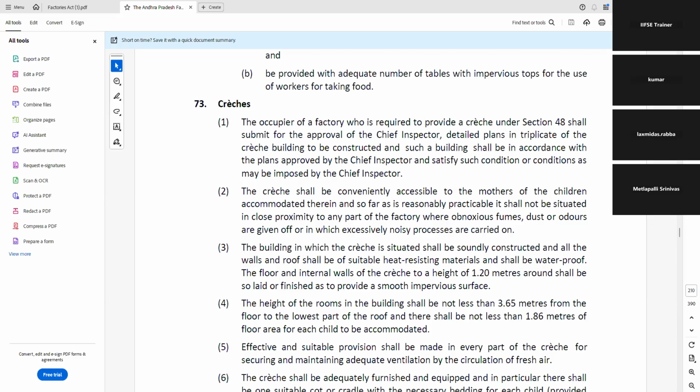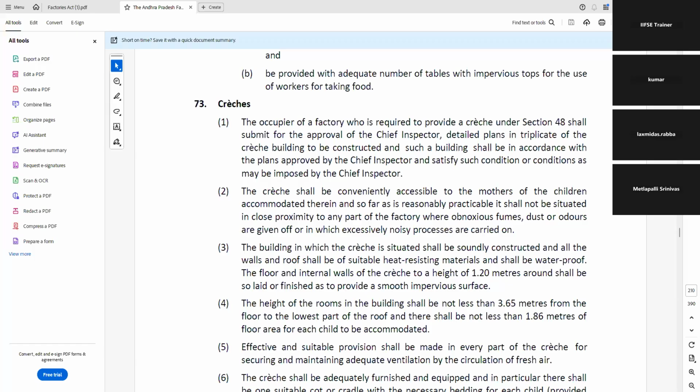Then the building in which the creche is situated shall be soundly constructed, and all the walls and the roof shall be of suitable heat resisting materials and shall be waterproof, and the floor and internal walls of the creche to a height of 1.2 meters shall be laid and finished so as to provide a smooth impervious surface.